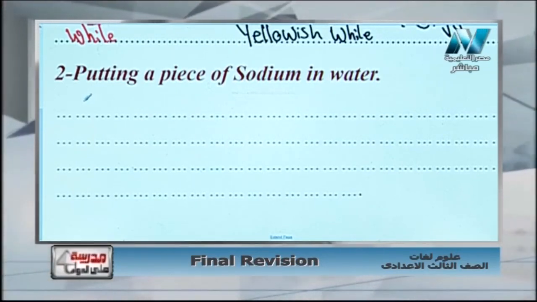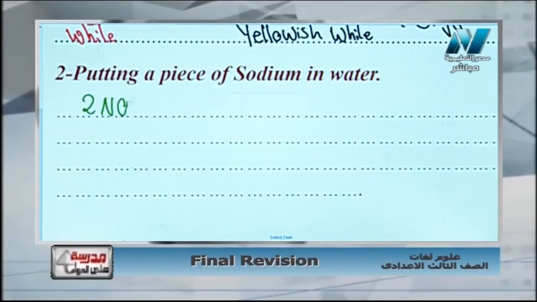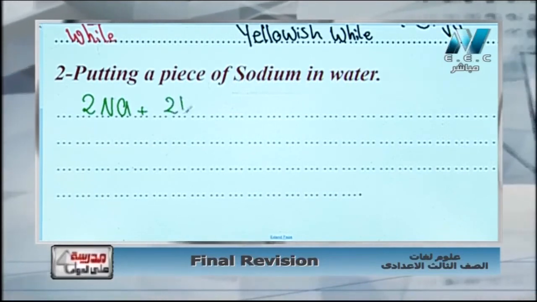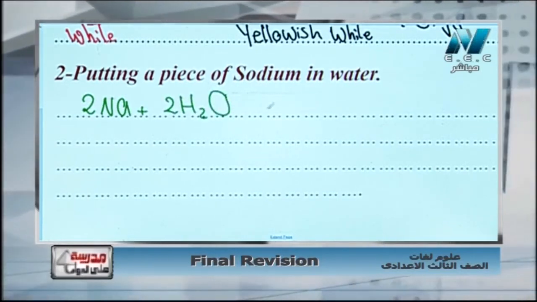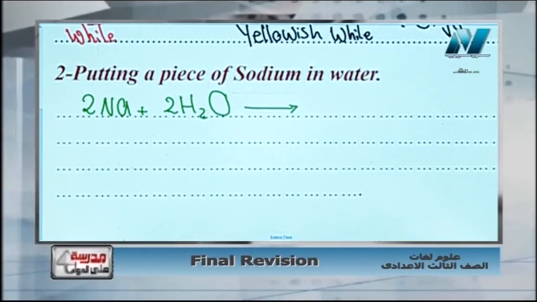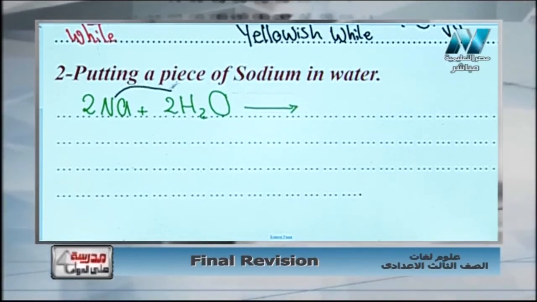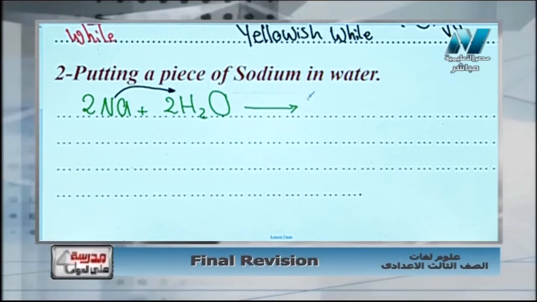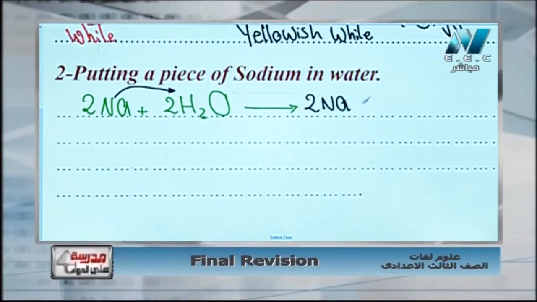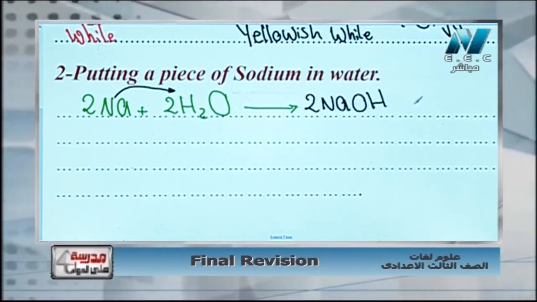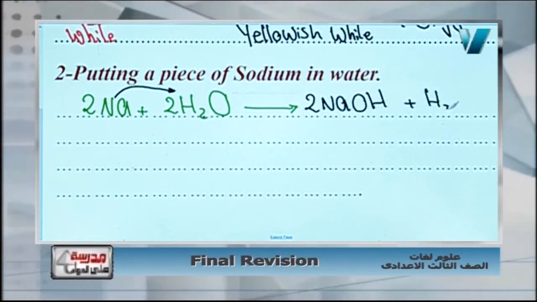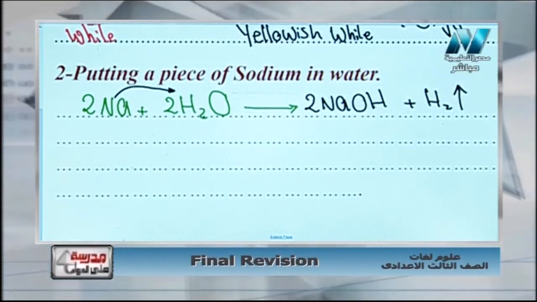As here we have 2Na sodium plus 2H2O, here water forming sodium more active than hydrogen. So here we have 2NaOH, sodium hydroxide, plus H2 as hydrogen gas burn with pop sound.